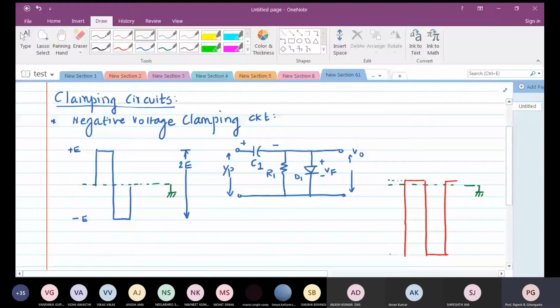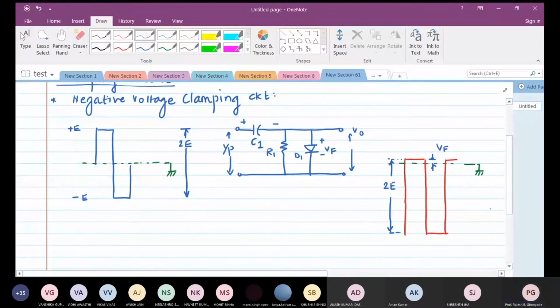If I measure this voltage, it is 2E. And this voltage, if I measure, it is VF. Why does it happen like this? Let us see how it works.